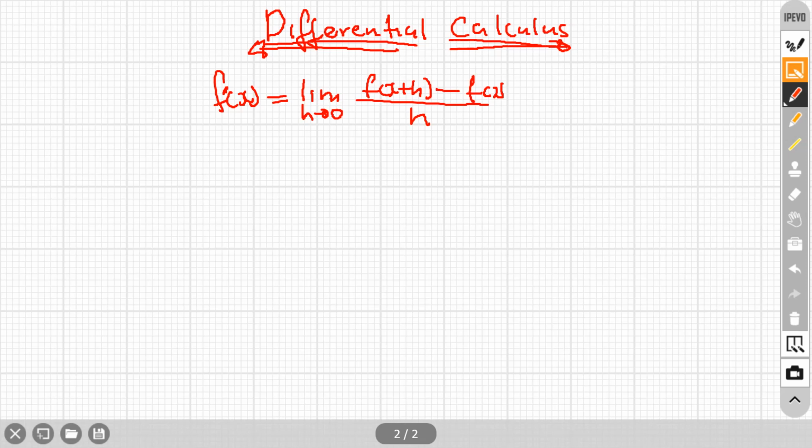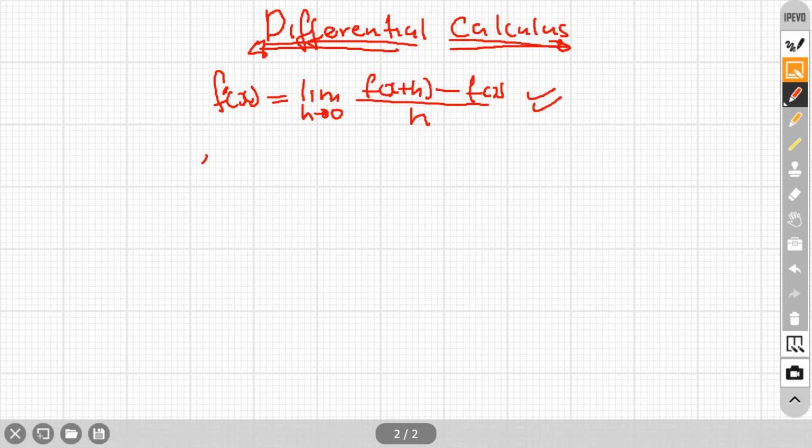Whenever you are asked to differentiate f of x or g of x or any other equation using the first principle, this is what you should keep in mind.